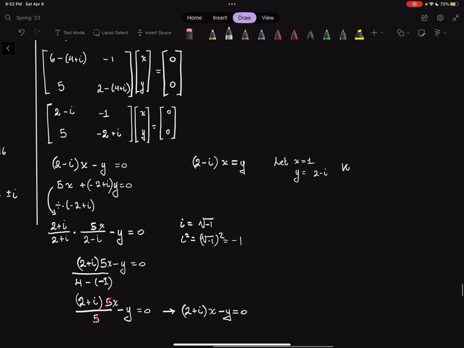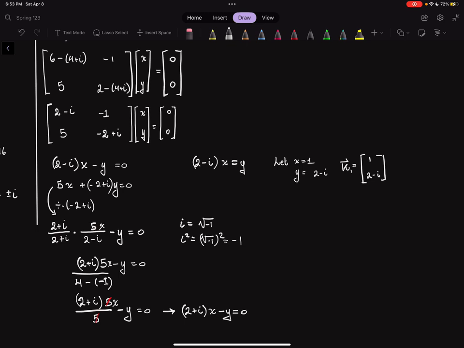And I can say that my k1 is equal to the vector 1 and 2 minus i. Don't get worried about the i. That's just a complex number, but it's still a number. It still has a right to be included in our awesome math.